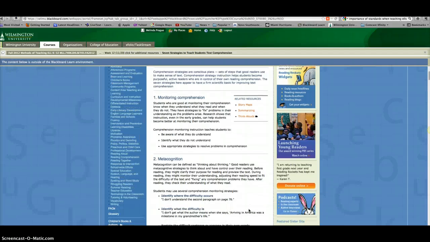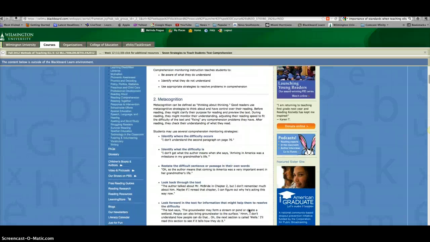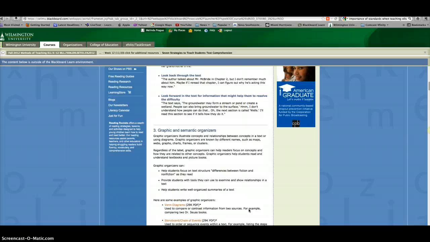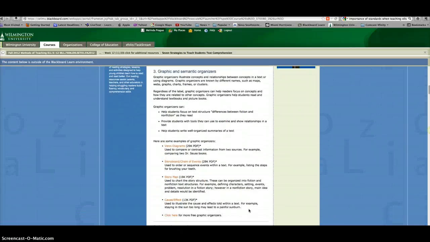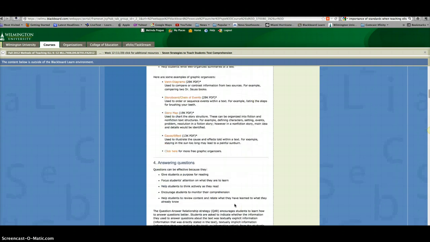Here they talk about how to monitor comprehension, the importance of metacognition, the use of different kinds of organizers, which we've discussed before, but I like this particularly because it gives you samples, PDF files, of a Venn diagram, a storyboard, a story map using cause and effect, and then a resource for more free graphic organizers.